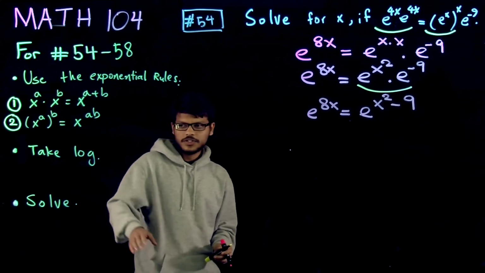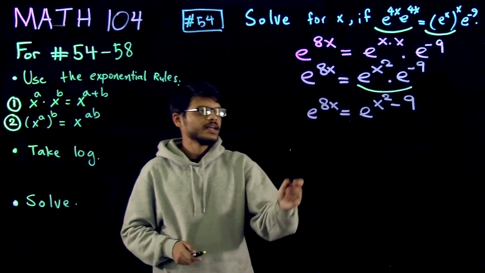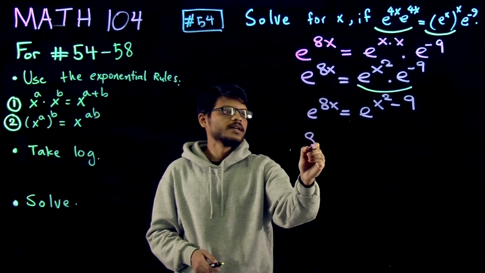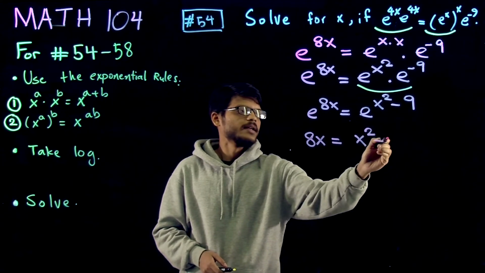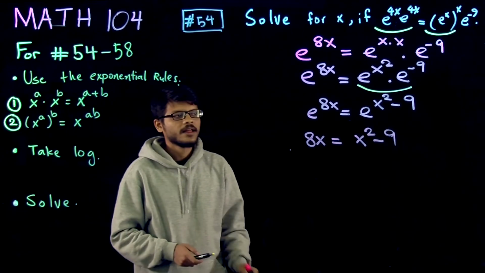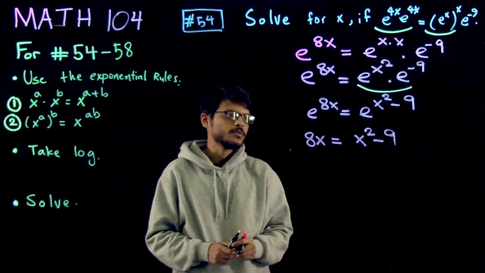In the next step we take log both sides. Then we get the exponents, which will be 8x is equal to x squared minus 9. And now this one is an equation and we just have to solve it.